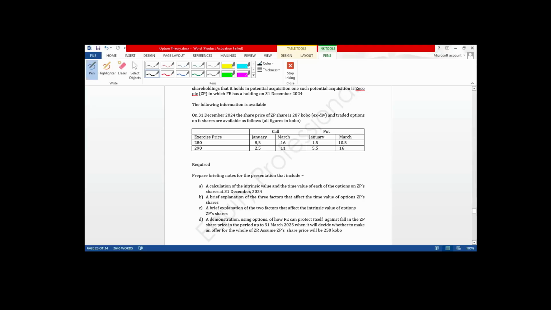Your intrinsic value is the option payoff value. I have explained this before, both with illustration and theory. Let us go to it. We only have 30 minutes.